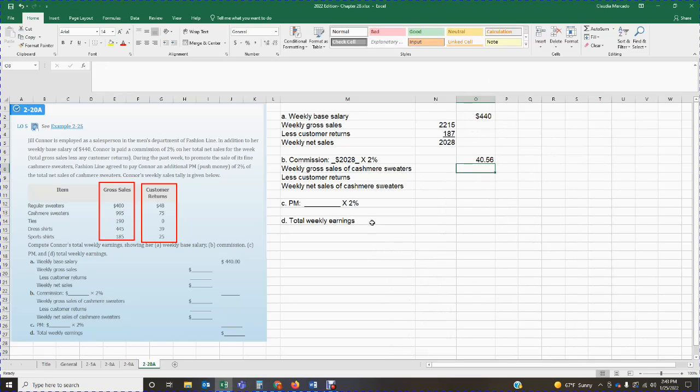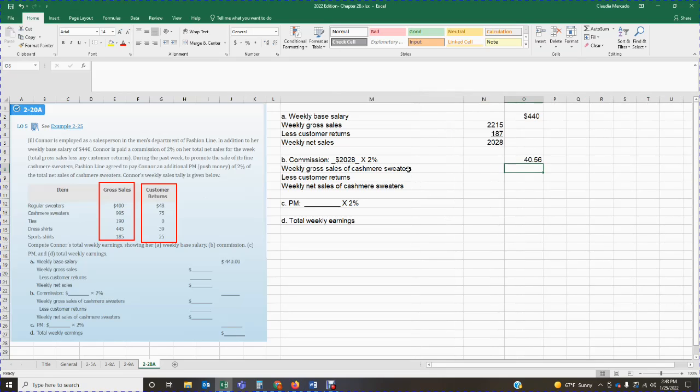Okay. Now, the problem also stated that this week they wanted to promote the cashmere sweaters, okay? And that they were going to pay you an additional 2% for the net sales of cashmere sweaters, okay? So let's now figure out cashmere sweaters.